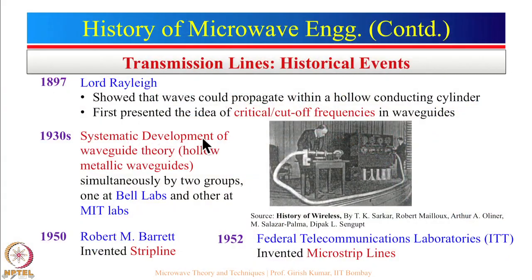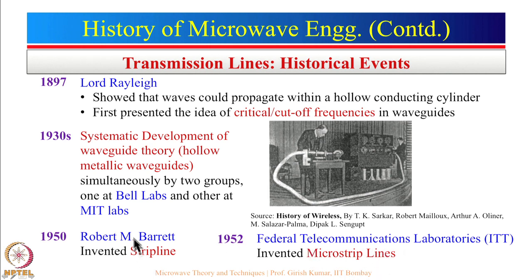And then in the 1930s systematic development of waveguide theory took place, developed in parallel by two groups, Bell Labs and the MIT lab, both situated in the USA. Then in 1950 the concept of strip line was invented, and the next concept, in 1952, was microstrip line.